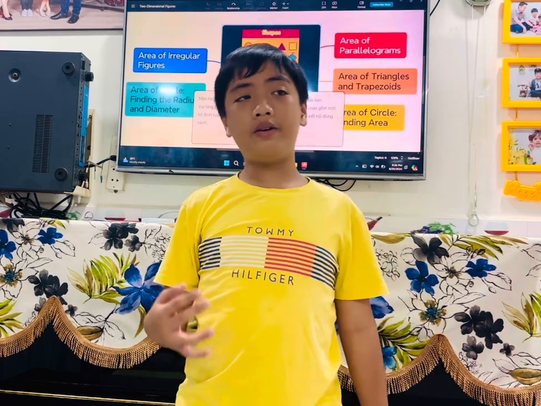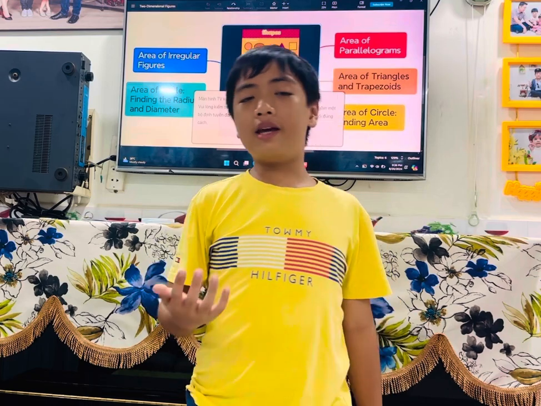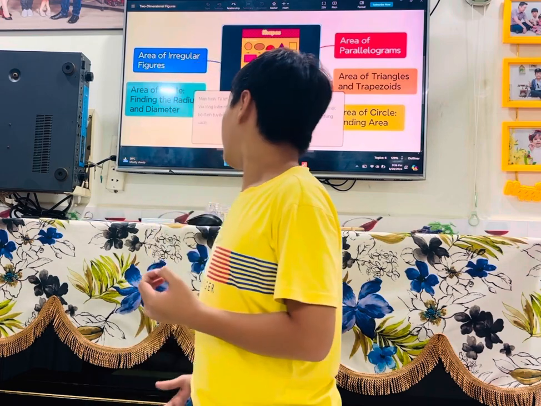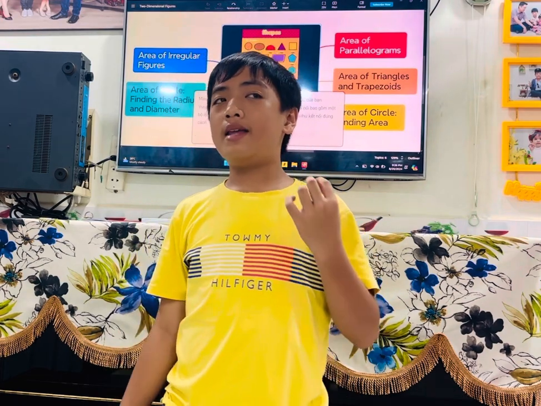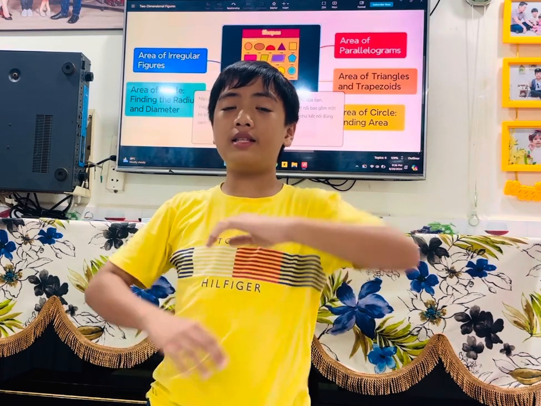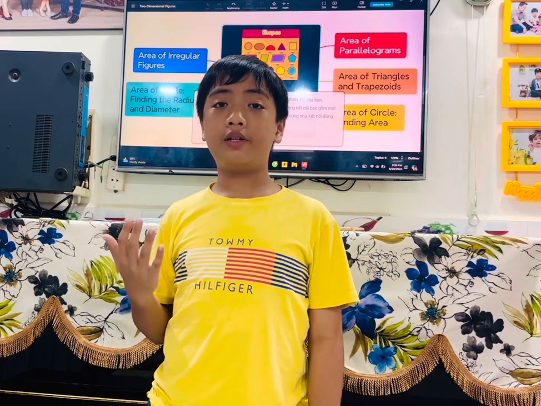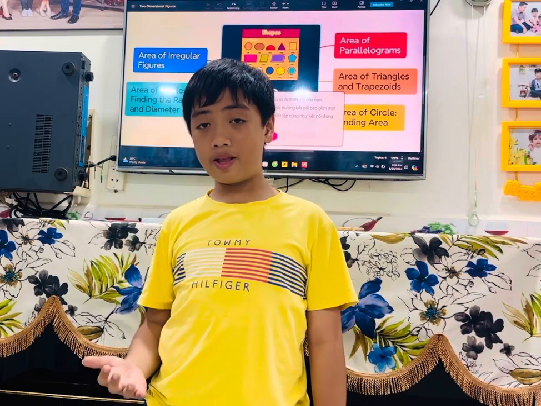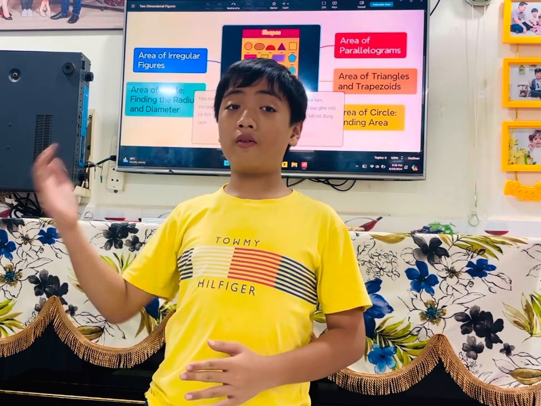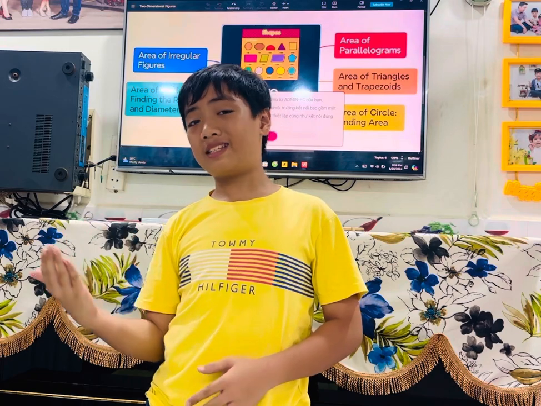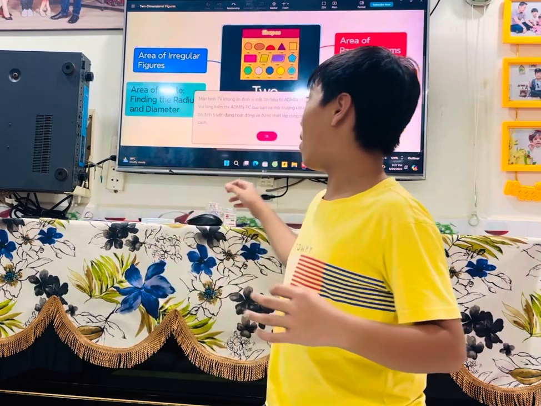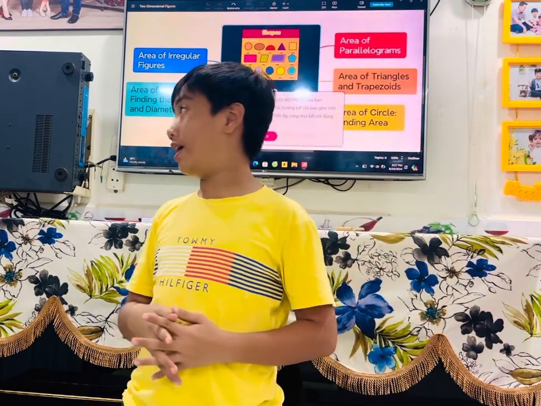Then you use this equation: the radius times 2, and then times pi. Pi is nearly equal to 3.14. You use 3.14 instead of pi itself because pi is a long number with a lot of decimals. And then you will get the result.